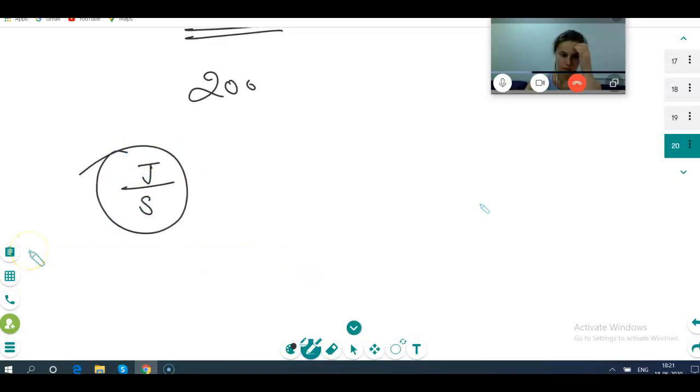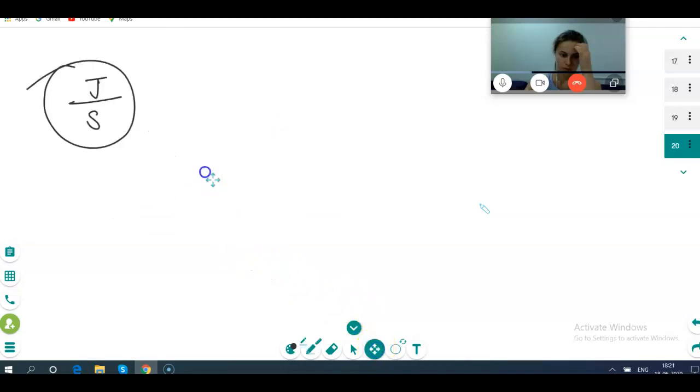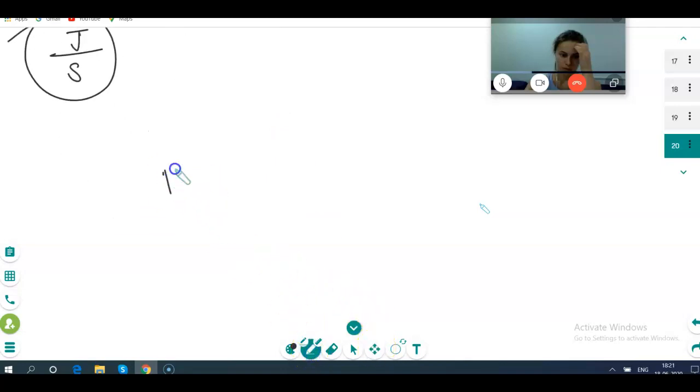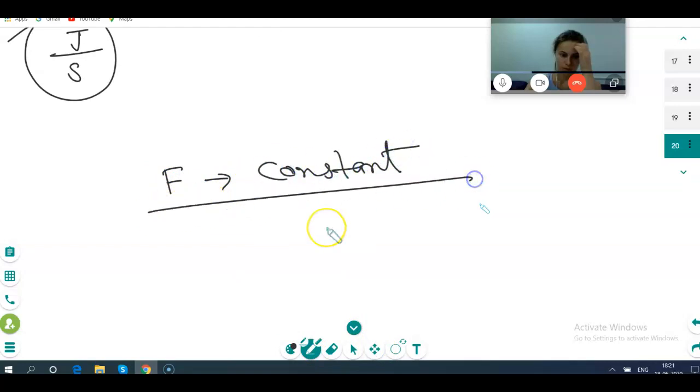Now, till now what I have discussed, F was constant. Correct? If a continuous 10 newtons force is applied.